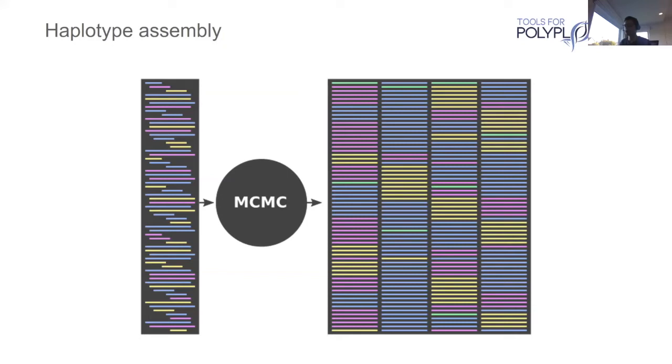We're not just calling the best genotype, we're recording information about the probability of that genotype. And MCHap is capable of outputting the entire posterior distribution over all of the genotypes it's looked at. That can get messy, so I'll talk a little bit more about that later.